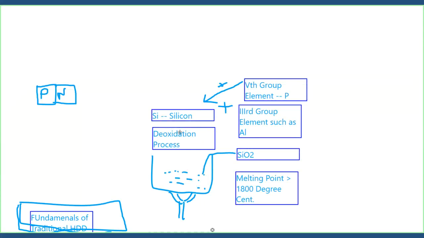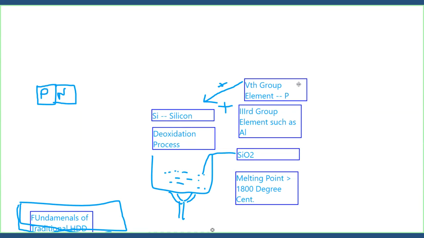Then you can perform a deoxidation process to remove two atoms of oxygen, which will yield one very fantastic composition called silicon. Now, if you add a third group element from the periodic table, such as aluminum, to pure silicon, you get p-type material.